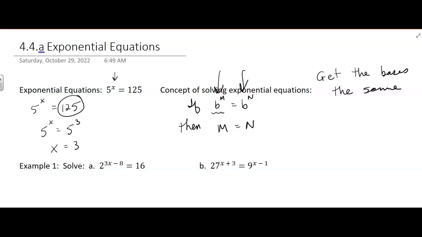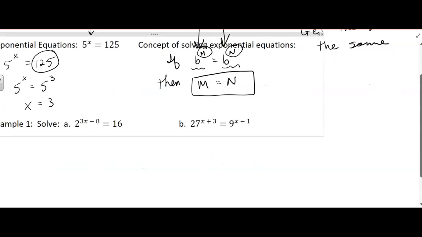If this side equals this side, and I know the bases are the same, then the exponents have to be equal. You're not dividing both sides by anything, not multiplying, not adding or subtracting. You're just taking those exponents and popping them out, creating a new equation that sets the exponents equal to each other. I'll show you how to do that on these next two examples.